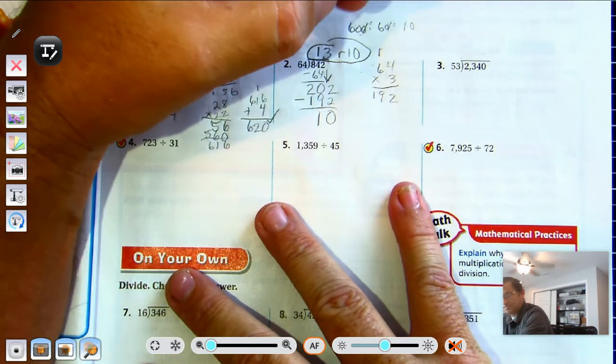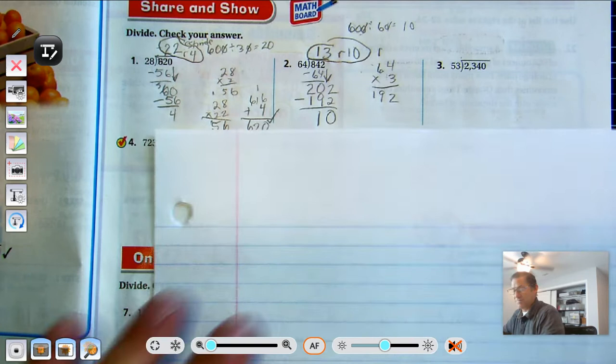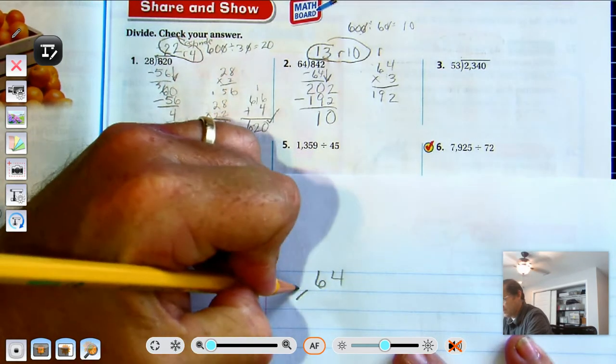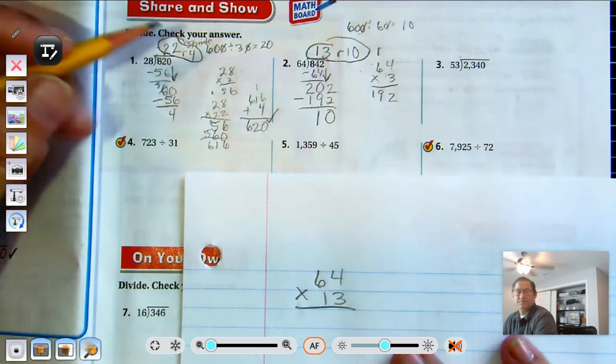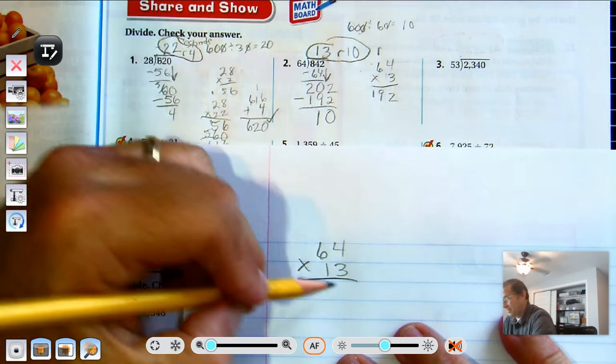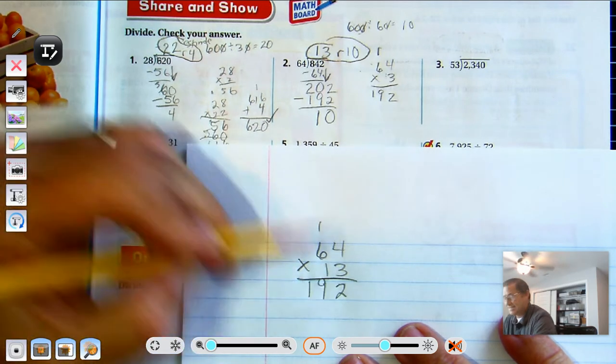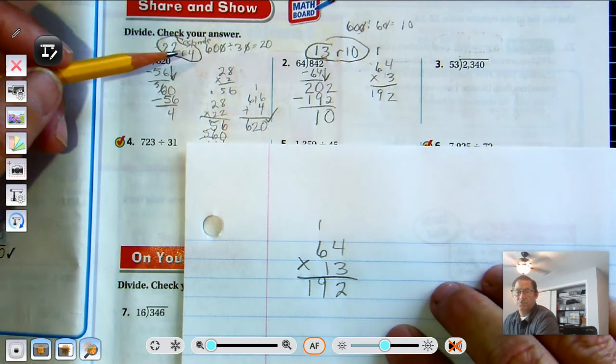Let's check it. I'm going to use scratch paper to check my answer. 64 times 13 plus the remainder 10. 3 times 64 is 192. 3 times 4 is 12.